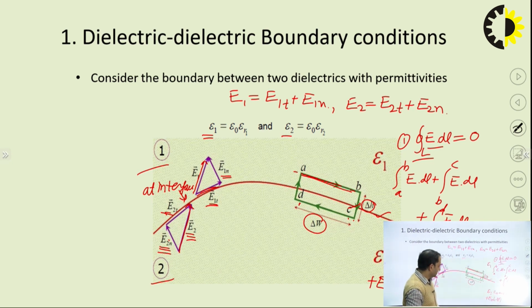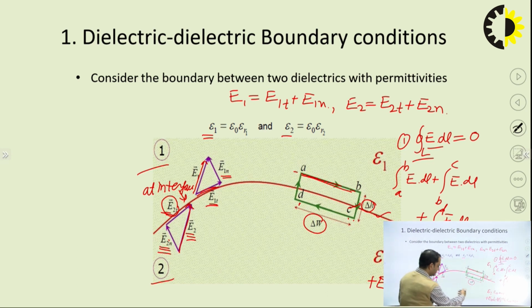Okay, now come to C to D. C to D is in this direction and in medium 2, so it is E2t with the minus sign: minus E2t into delta W. Plus we can write for D to A. The first half of D to A is in medium 2 and the second half is in medium 1.